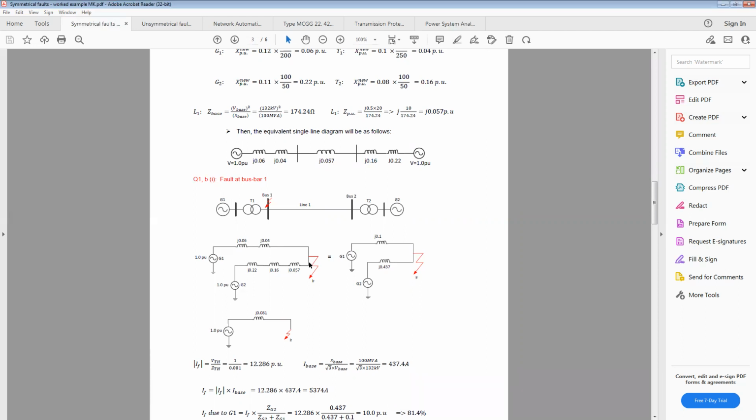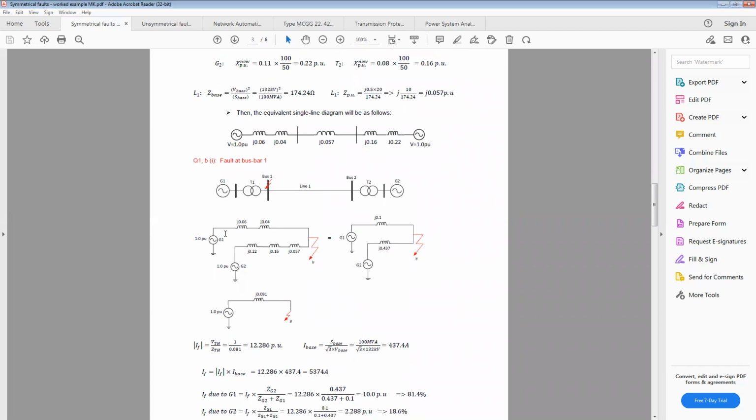The step we do is ground the generators, and then look from the fault point. From this fault point, the two impedance values are in series, so we add them, and then the contribution from G2, we add them so we have an equivalent impedance.